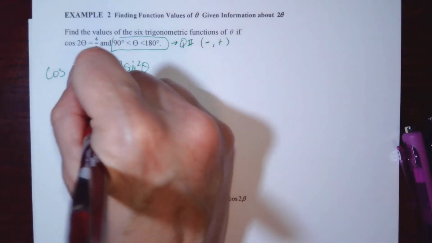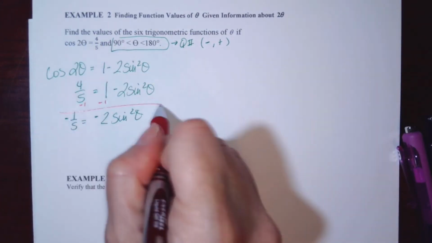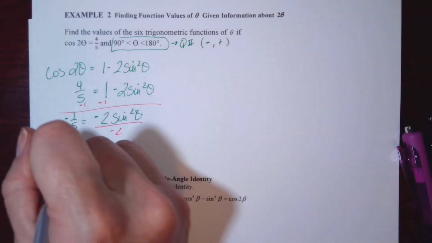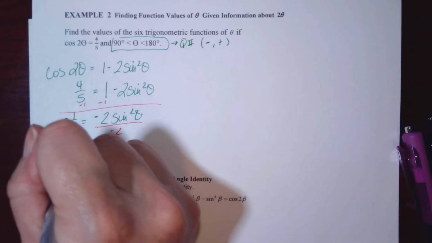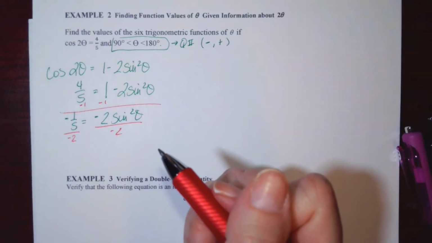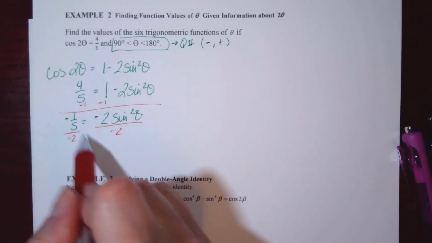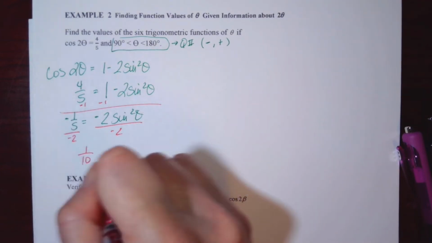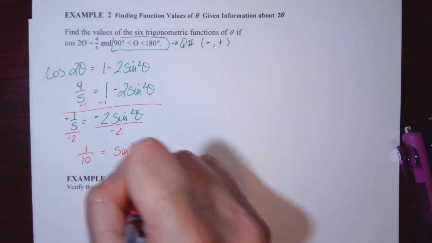We subtracted 1, got our negative 1/5 over here. Now I'm going to divide by that negative 2. Division with fractions is multiplying by the reciprocal, so I can multiply by 1/2. Negative times a negative is going to be a positive. I get 1/10 is equal to sine squared theta.